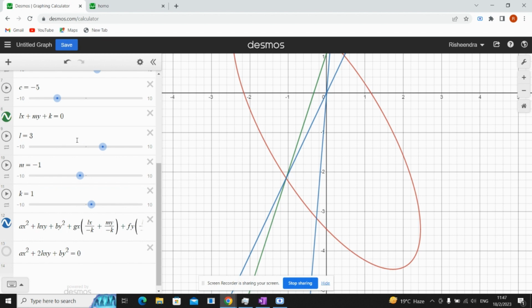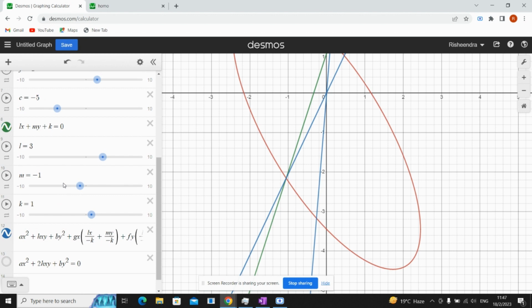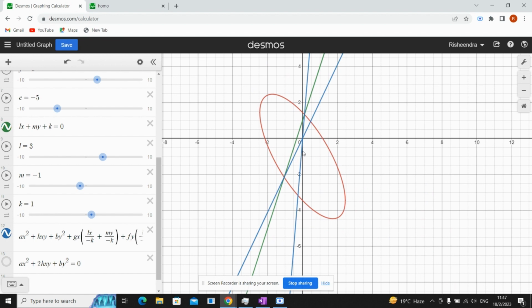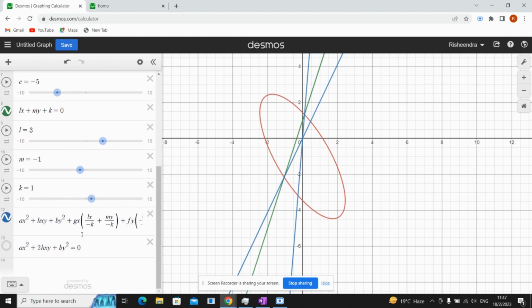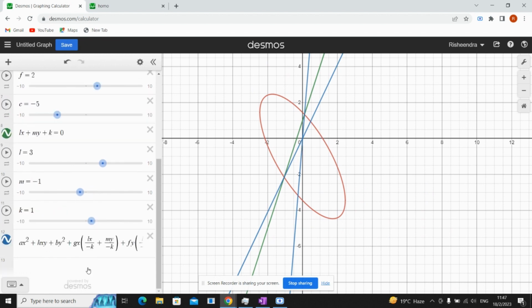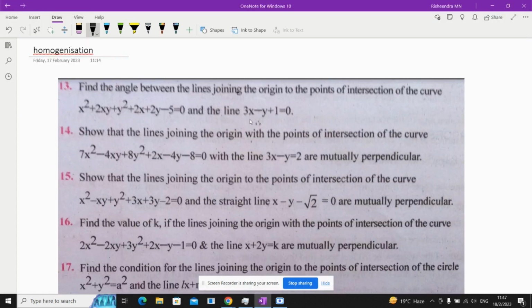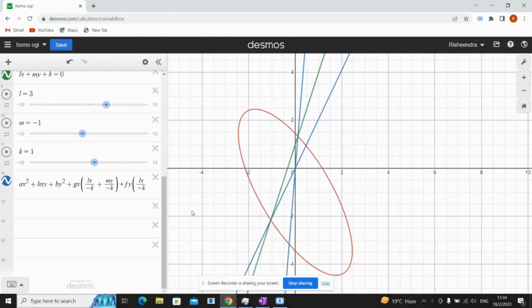Look at the straight line. 3, -1, 1. Clear, right? Here, just look at the answer. We got two straight lines which are like this. But in the question they asked what is the angle between these two straight lines.